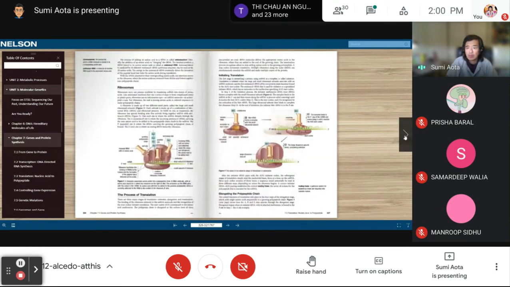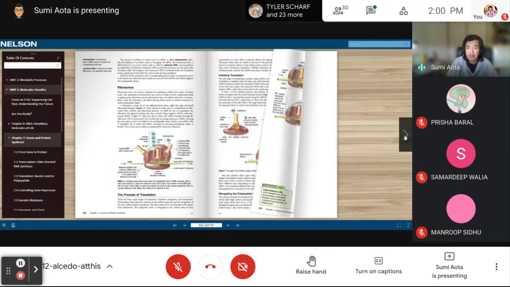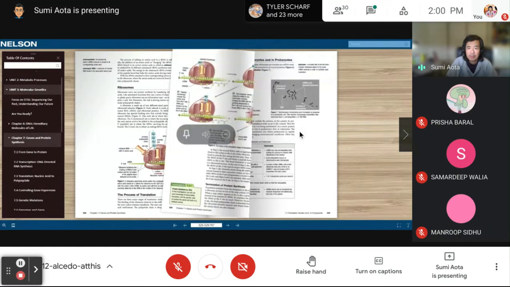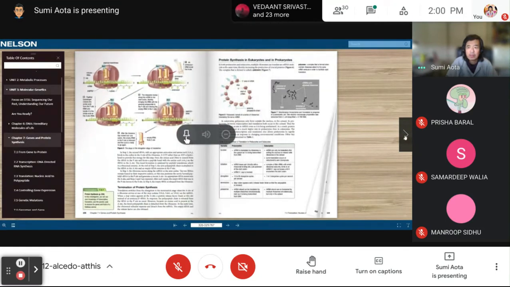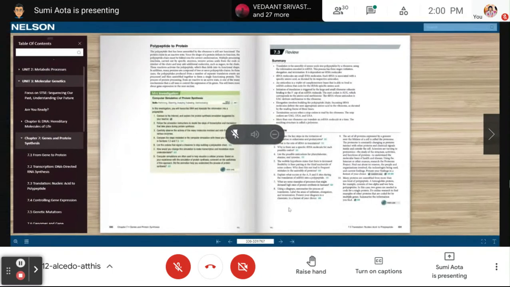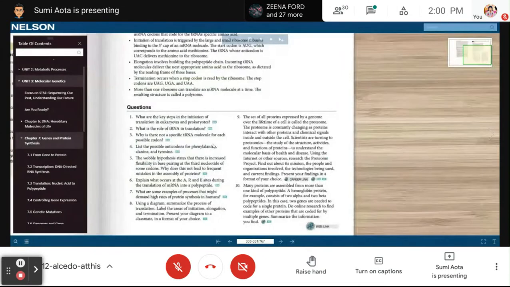And there are some questions if you want to answer them on page 331. Zoom in on them. See which ones you should be doing.